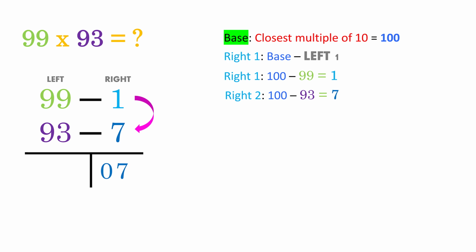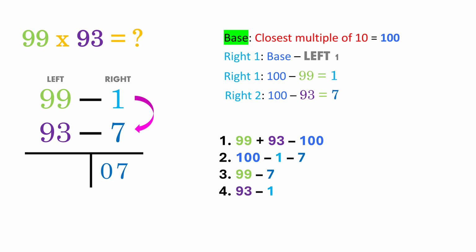Now, to solve this, you have 4 options. 1, you could do 99 plus 93 minus 100, or you could do 100 minus 1 minus 7, or you could do 99 minus 7, or its converse, which is 93 minus 1. And if you notice, all of these are equal to 92.